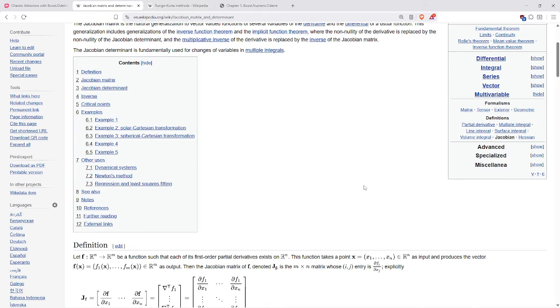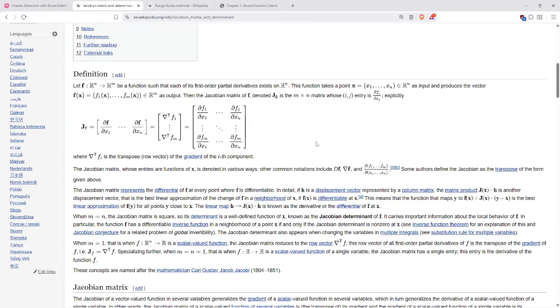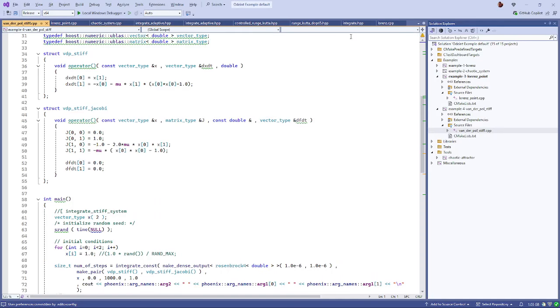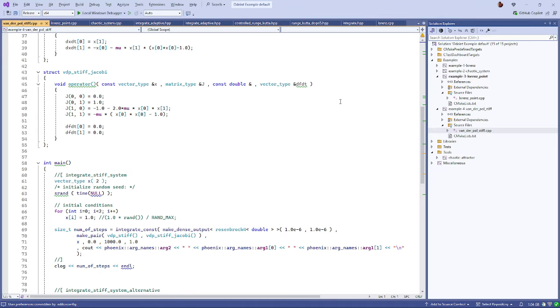So it's another formulation of a system of ordinary differential equations. Oh no, I'm sorry, I'm confusing Jacobian with Hamiltonian. A Hamiltonian system is a system of ordinary differential equations that follows a certain structure. For instance, the bodies in the solar system can be formed as a Hamiltonian system. But the Jacobian here is just another way of representing the derivative.